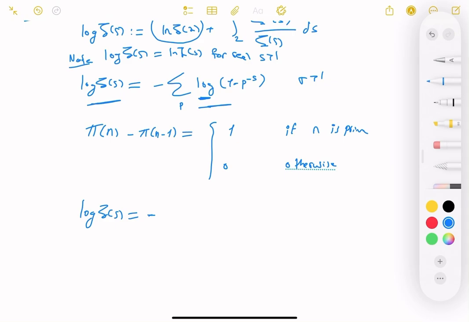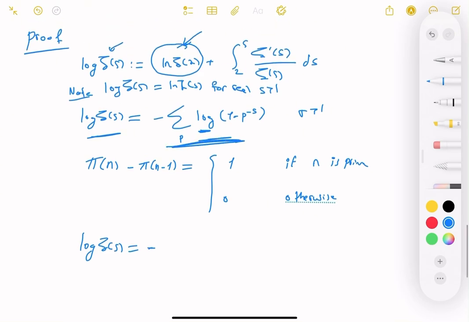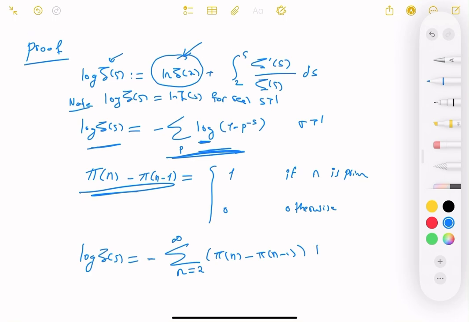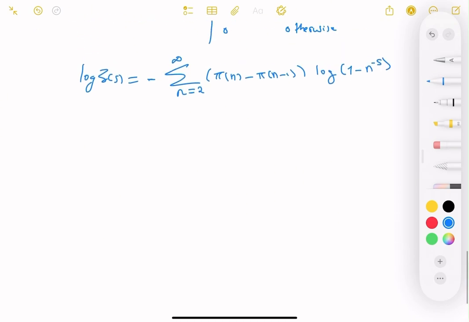Since this is an indicator function of primes, we can sum over all the integers of pi of n minus pi of n minus 1, running from 2 to infinity, of this difference times log of 1 minus n to the minus s. Okay, so that's the observation here.